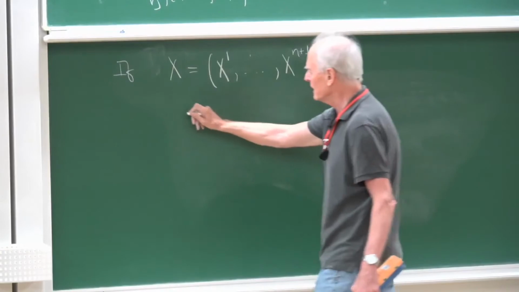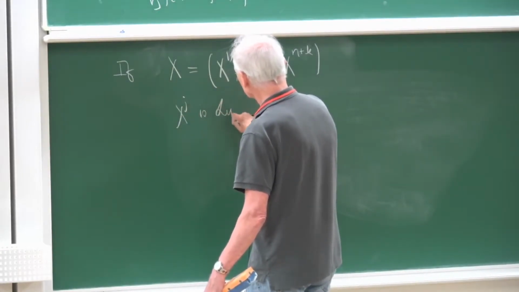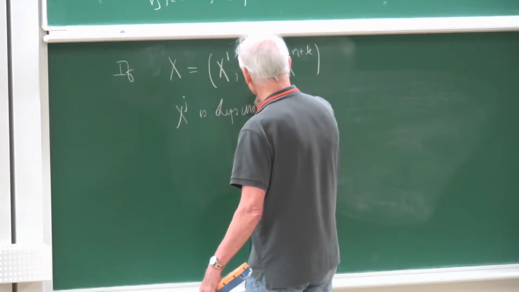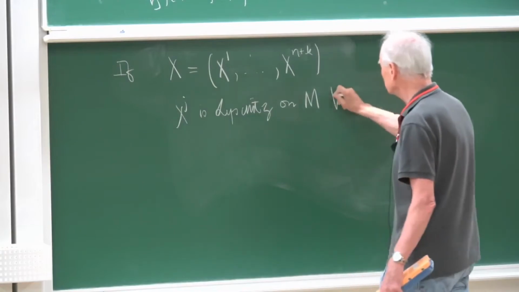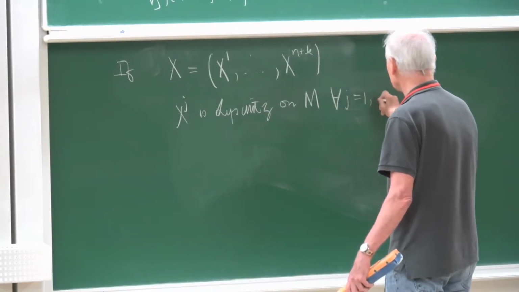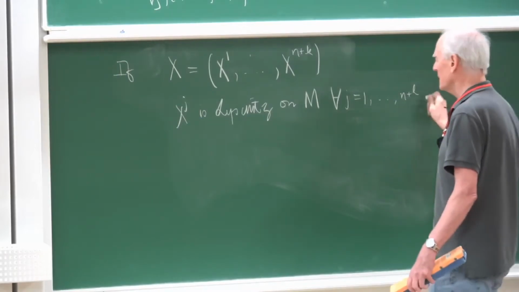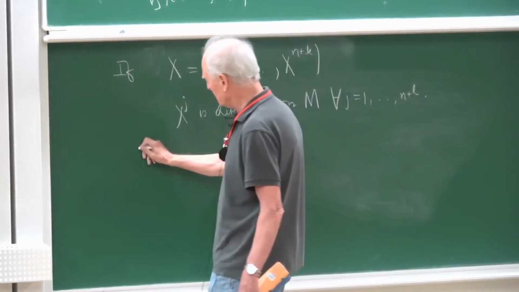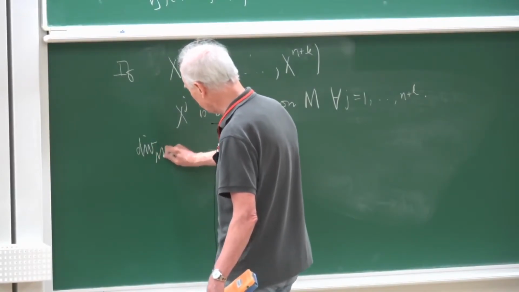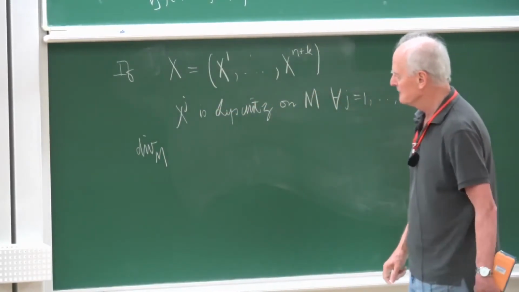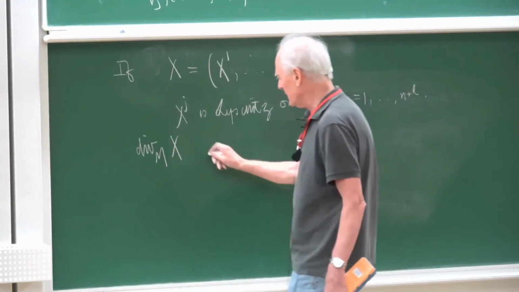So each x_i is real-valued Lipschitz on M for every i equals 1 up to n+k. So take a vector function like that. Then you can talk about the tangential divergence. It's denoted div_M of X, of this vector field capital X at the point x.